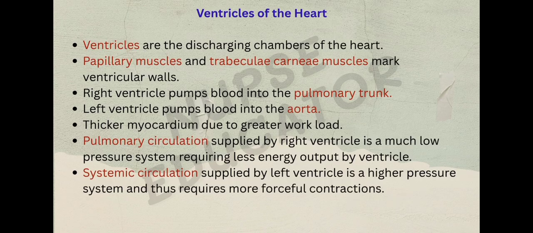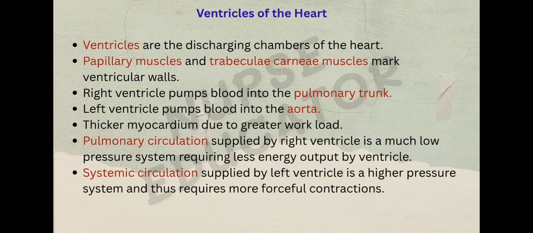Then we'll see the ventricles of the heart. The ventricles are the discharging chambers of the heart. The papillary muscles and trabeculae carneae mark the ventricular walls. The right ventricle pumps the blood into the pulmonary trunk. The left ventricle pumps the blood into the aorta. The left ventricle's middle myocardial layer is much thicker due to the greater workload.